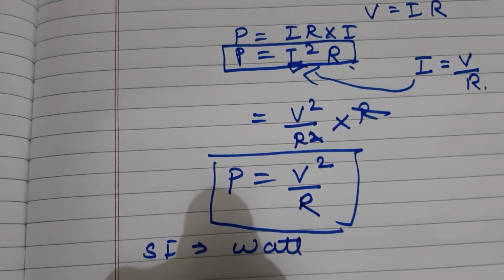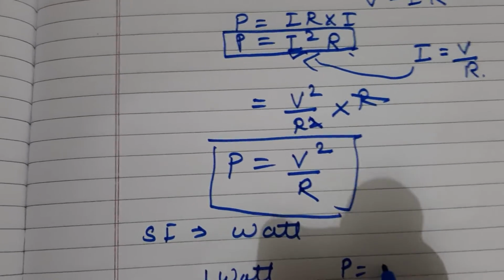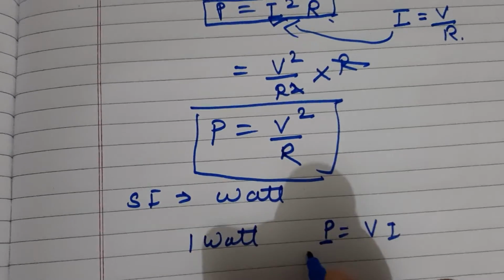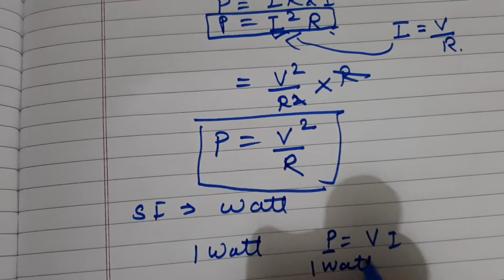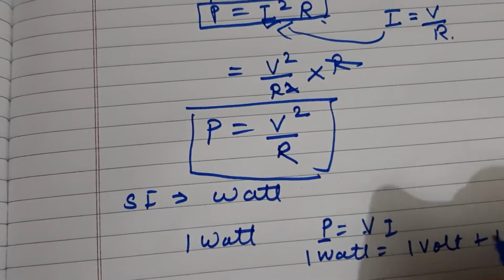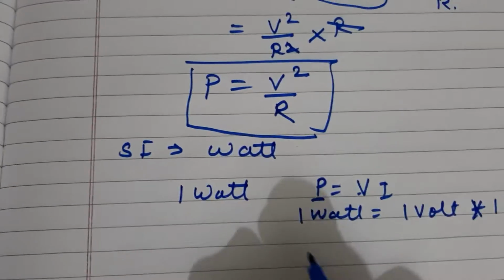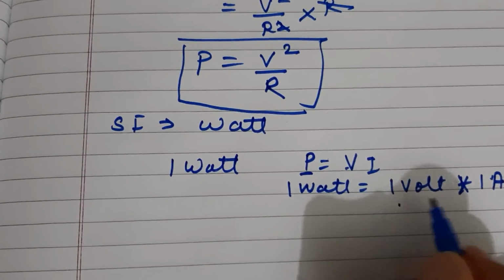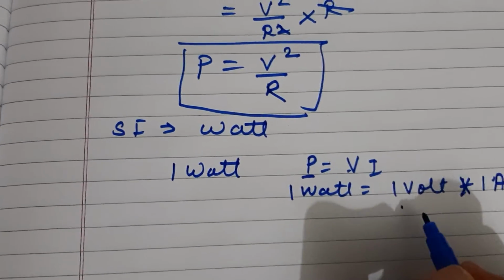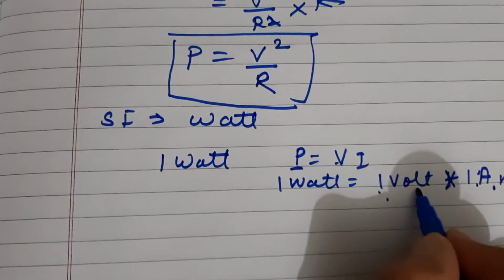Now, what is 1 watt? P = VI. If power is 1 watt, then V should be 1 volt and I should be 1 ampere. So 1 watt is the power of a device that carries 1 ampere current at a potential difference of 1 volt.